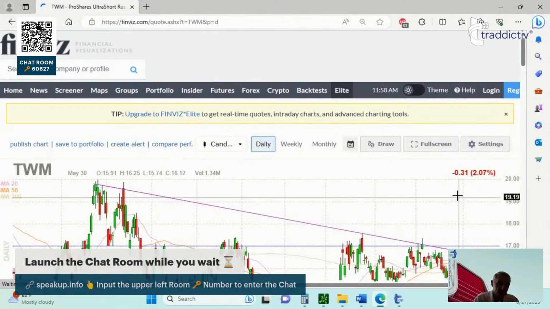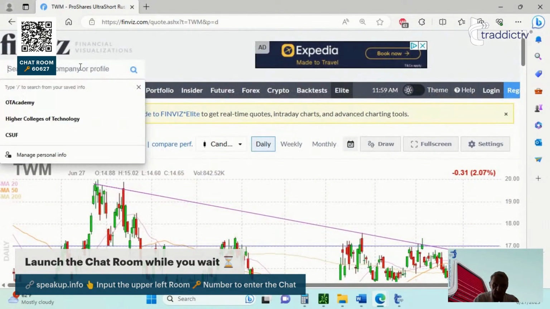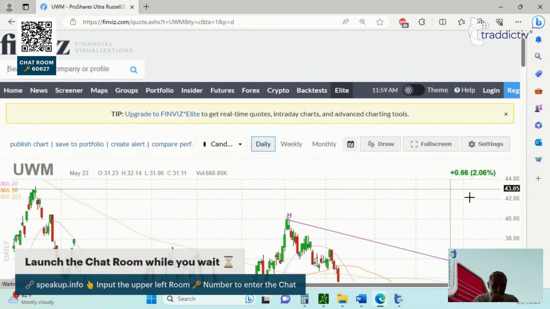This is inverse to the opposite. And guess what? It's very affordable. It's only about $14. Now, don't go out there and trade this with options. Don't. Just trade it with physical stocks, with physical underlying. UWM. It's a flip side, right? So it's going to be up 2% in the same direction.